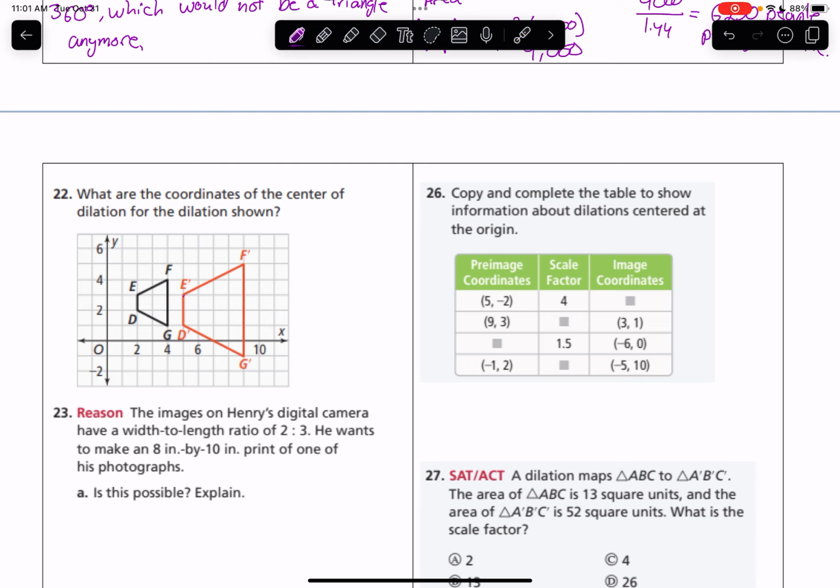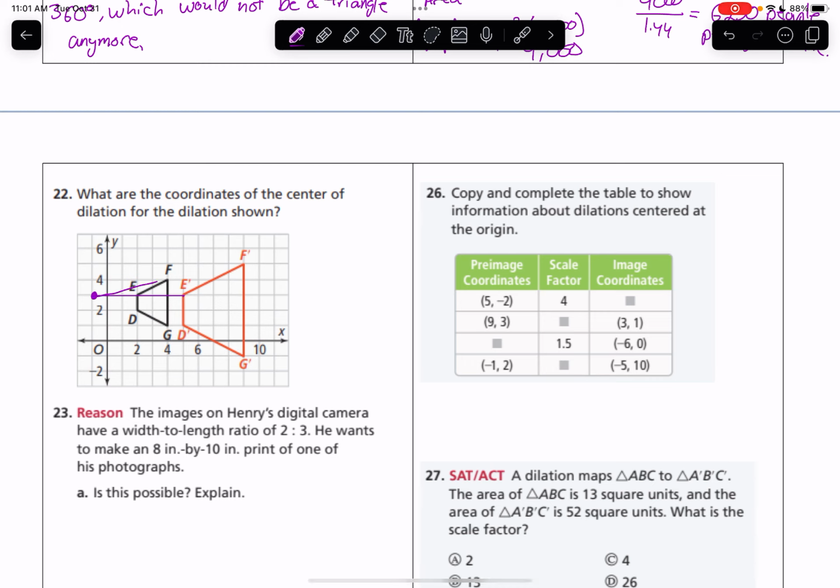If I know that the distance from E prime to E is 3, I'm going to double that distance to get back to the center of dilation. So the distances between that center of dilation, the first point, and the second corresponding point are all going to be in a row, and they're going to be double of one another.